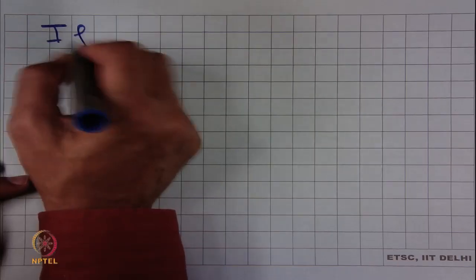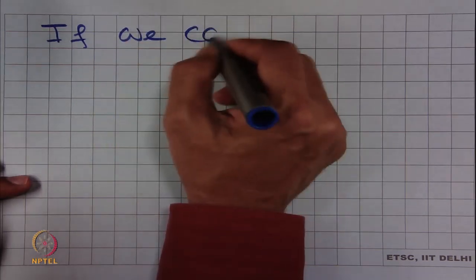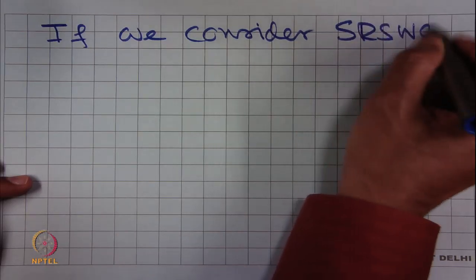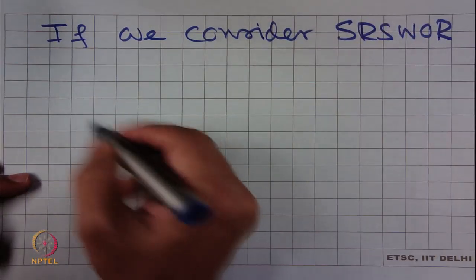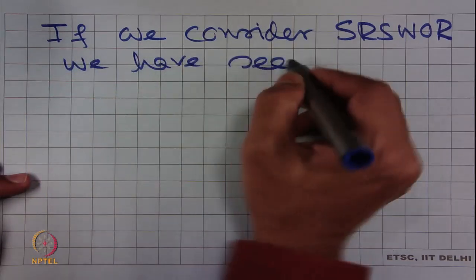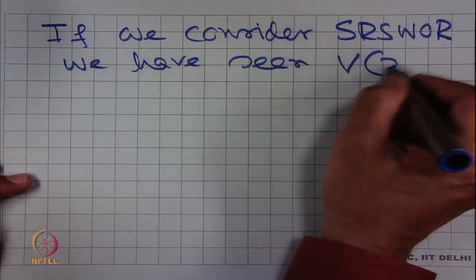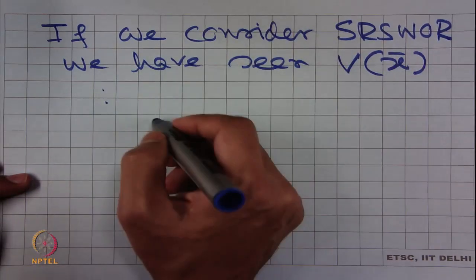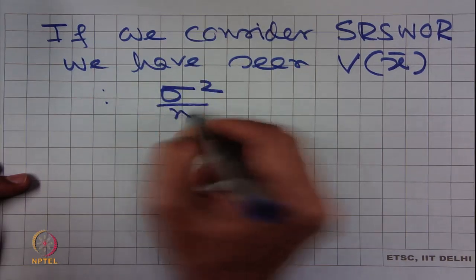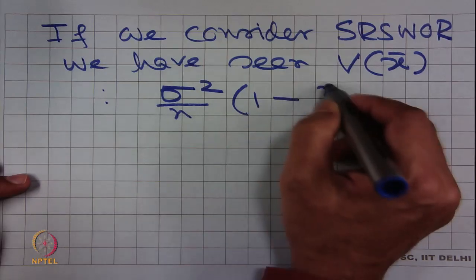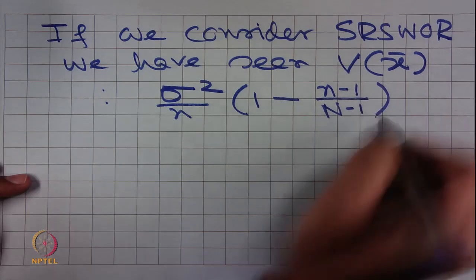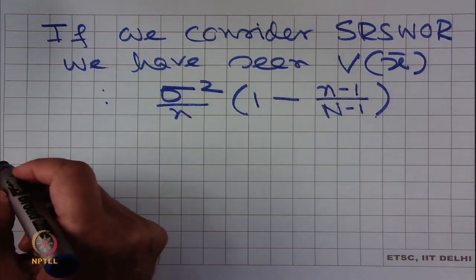If we consider SRS WOR, we have found what is the variance of x bar? Do you remember? It is sigma square by n into 1 minus n minus 1 upon capital N minus 1. What does it mean?